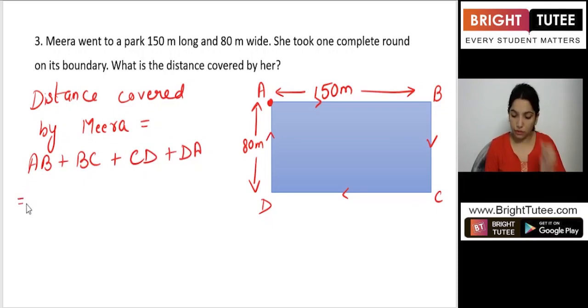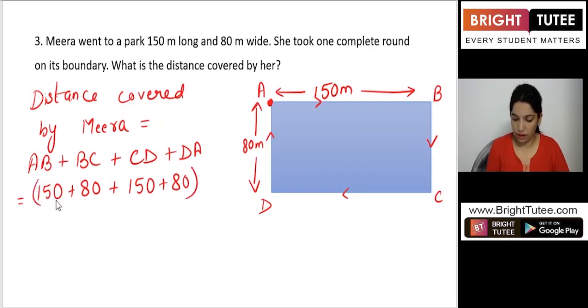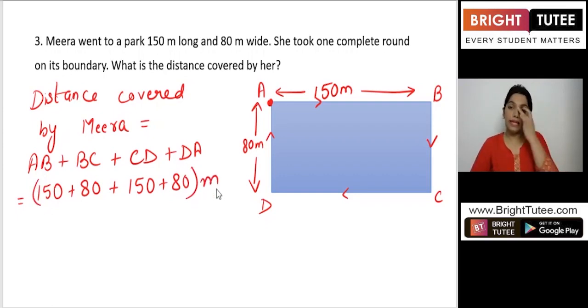Now what is the length of AB we have? It is 150 plus 80 plus 150 plus 80, and everything that we have got is in meters. I hope you are clear why I have written 80 for BC and why I have written 150 for CD, because they are the opposite sides of a rectangle and the opposite sides of a rectangle are equal, right?